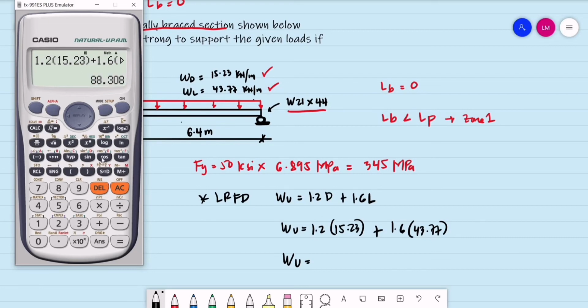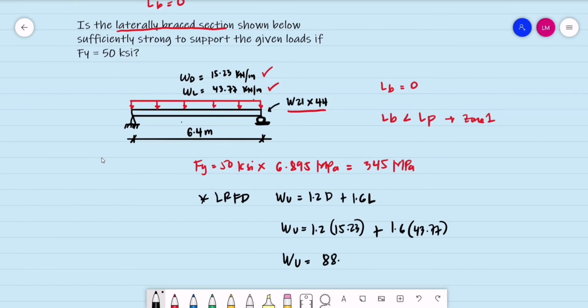So let's say this is 88.308, in terms of kilonewtons per meter.